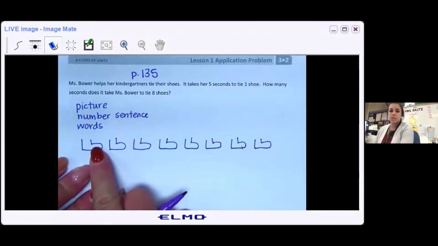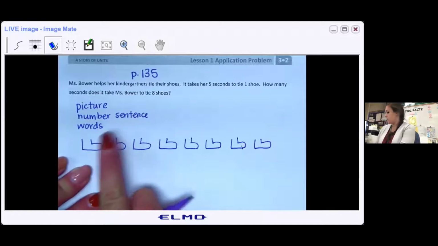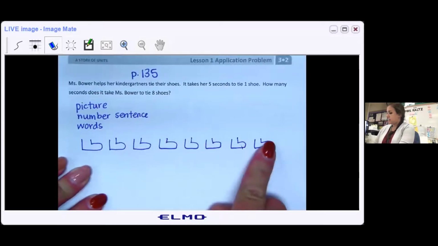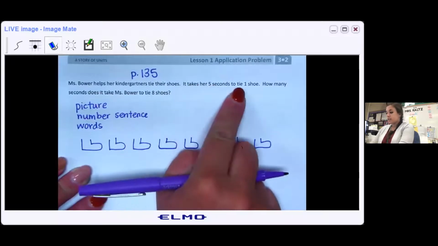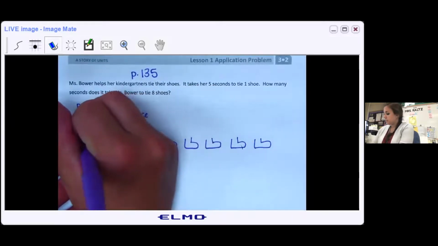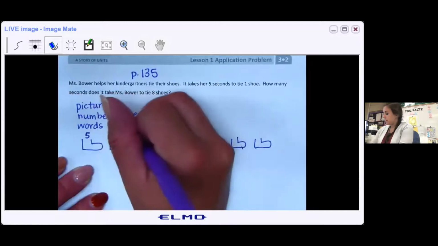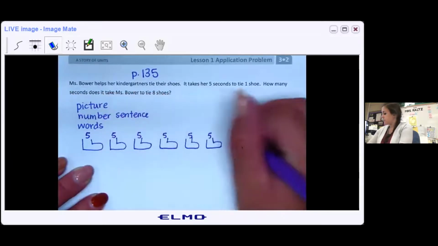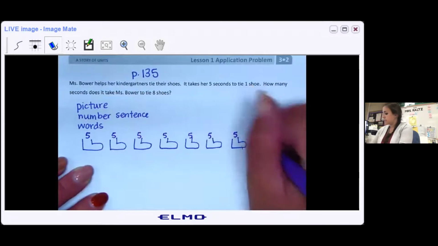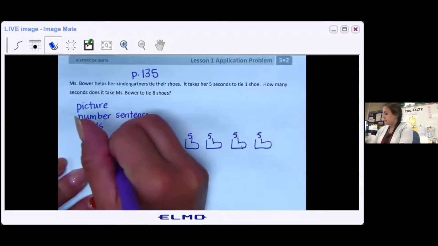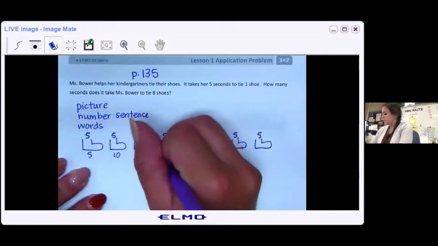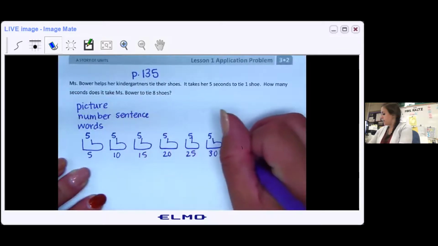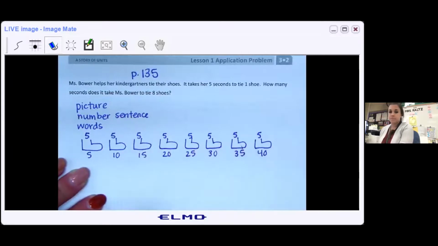A good mathematician counts one more time. 1, 2, 3, 4, 5, 6, 7, 8. It takes 5 seconds for her to tie one shoe. 5, 10. So they're each 5. And then maybe you included some skip counting. 5, 10, 15, 20, 25, 30, 35, 40.